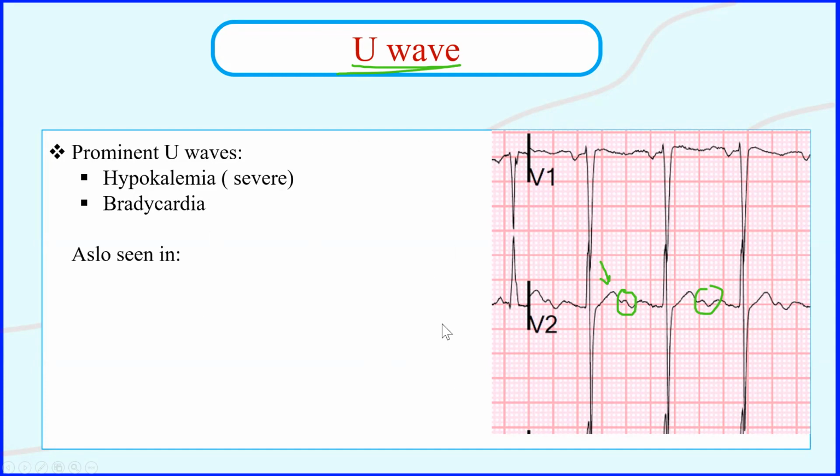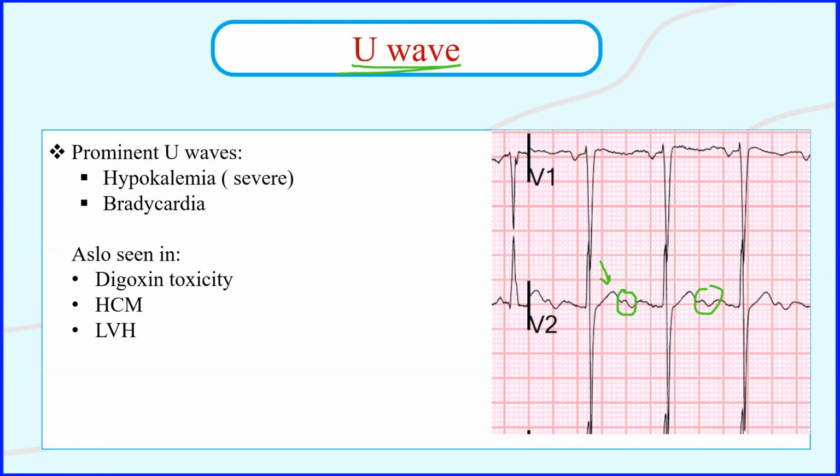Also, a prominent U wave can be seen in cases of digoxin toxicity, hypertrophic cardiomyopathy, and left ventricular hypertrophy. In those cases, the muscle itself is enlarged, meaning that the Purkinje fibers are also enlarged, by definition.